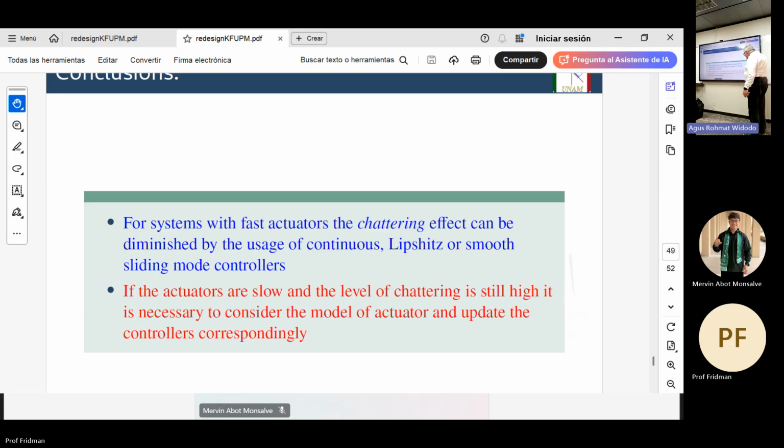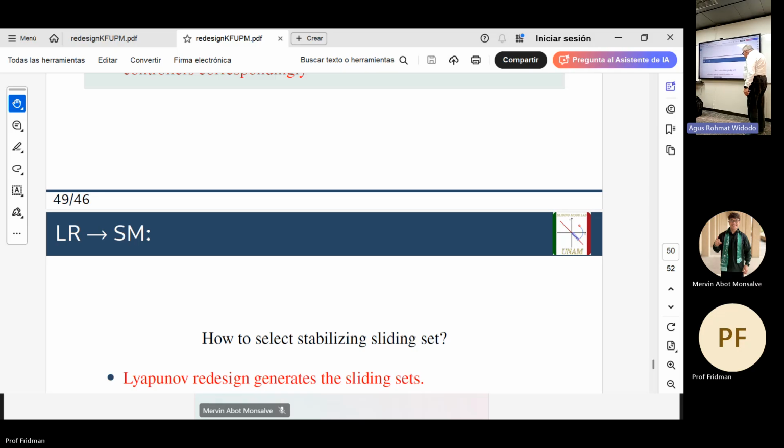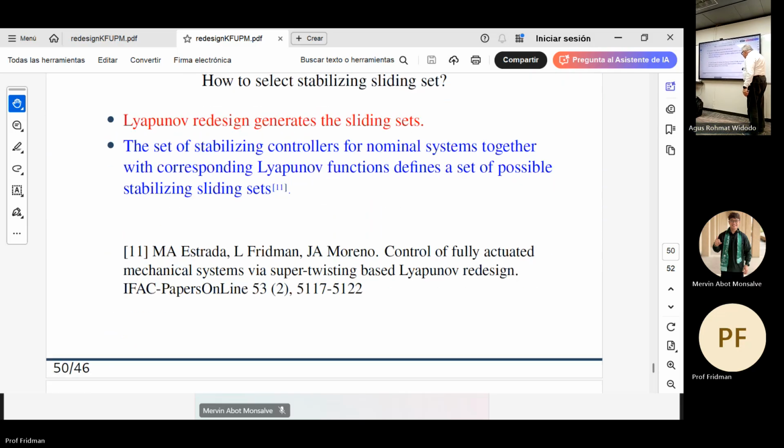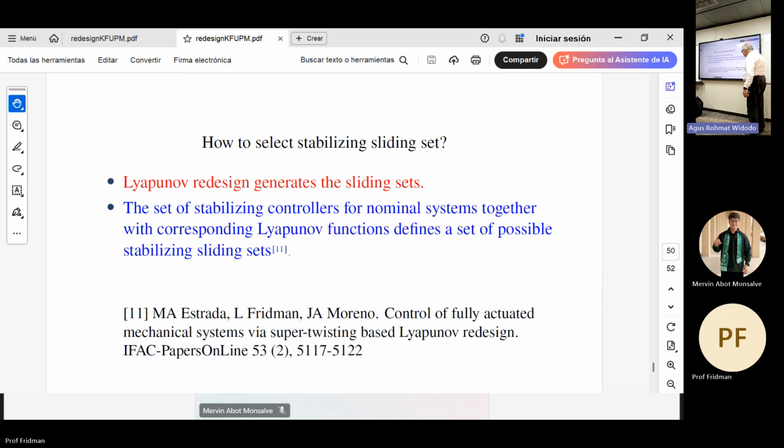So, what is the final slide? No, semi-final. Semi-final is that you can see this approach. What is the main problem when you are doing sliding mode? How will I choose the sliding surface? Because, let's say, my professor, Professor Rupkin, was also born in the Soviet Union.